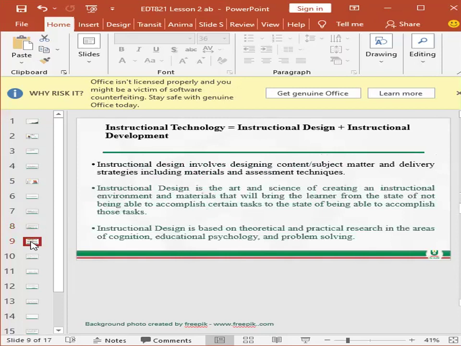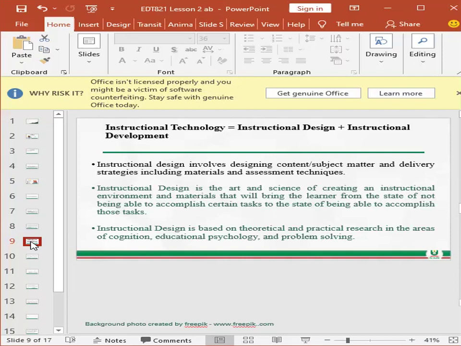Instructional technology is equal to instructional design plus instructional development. Instructional design involves designing content, designing subject matter, content and subject matter, and delivery strategies, including materials and assessment techniques. That is instructional design.